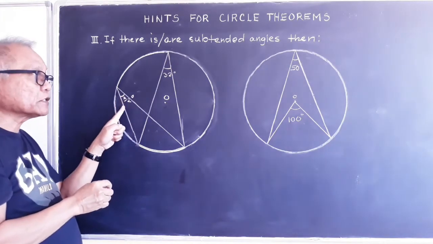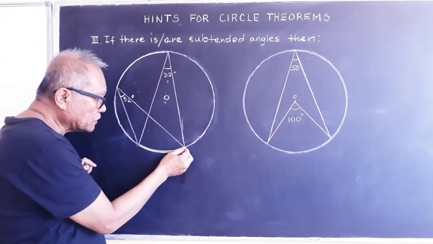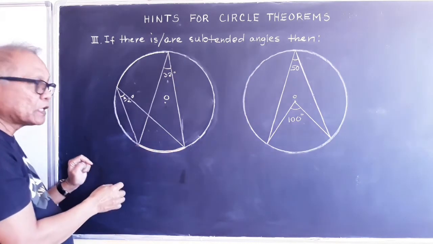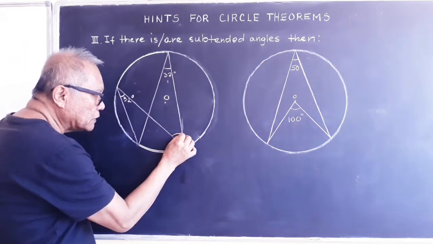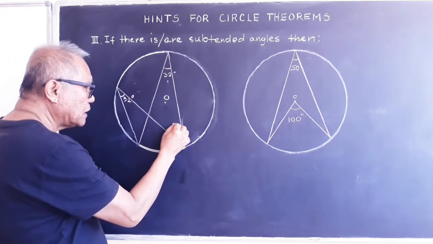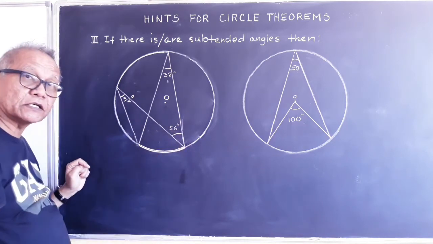This 32 degrees and this one are both standing on the same arc, and that arc is this one here. What about this one? Suppose this one is 56 degrees, whereas the other is 56 degrees.